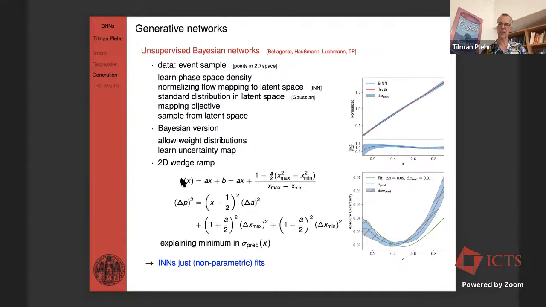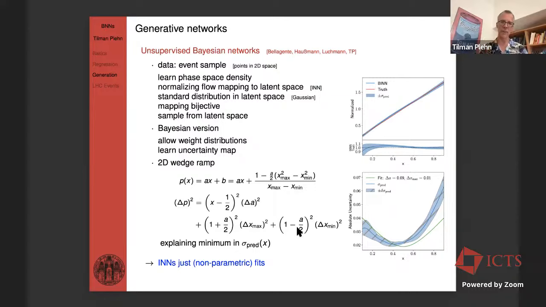And now I do error propagation. I say the uncertainty on the density value, depending on the estimation of A, the maximum and the minimum here, has these three terms. The second and third term are independent of x, so it doesn't matter. It's just a number, right?